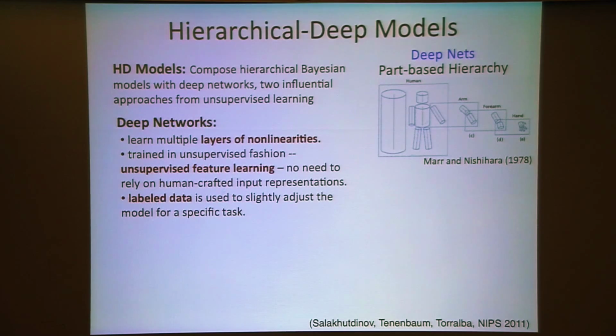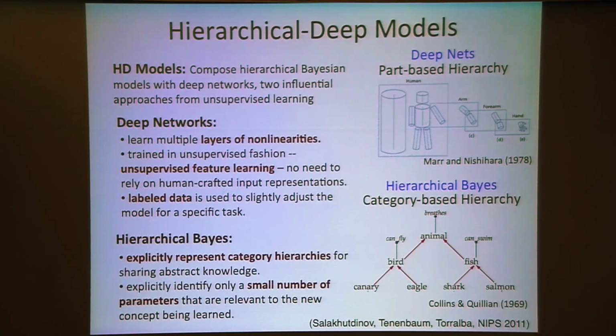You learn multiple layers of nonlinearities. You can do it in an unsupervised fashion. You can use labeled data to slightly fine-tune your model. But it really comes down to the fact that you're defining these part-based hierarchies where you can say, well, a hand is a part of the forearm, which is a part of the arm, and then you get a human object, for example, right? So you're putting little Lego pieces together to get some representation.